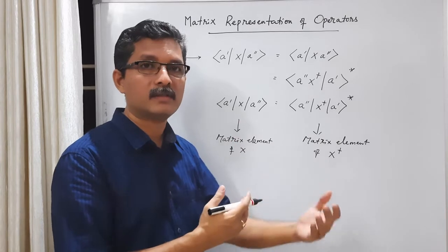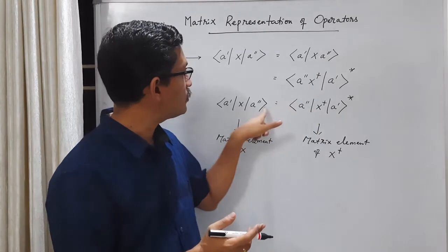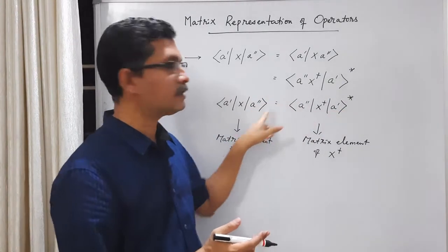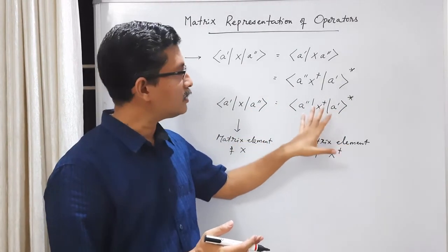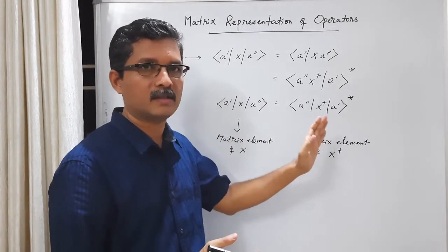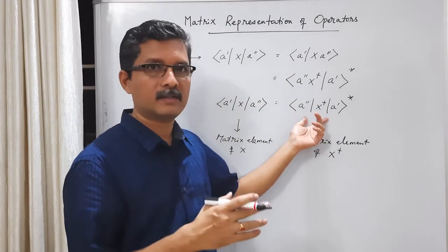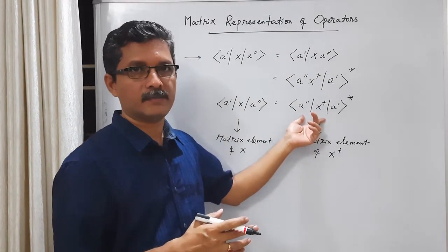That means we have to take the transpose. So transpose is taken. And there is also the complex conjugate of this scalar. So transpose plus complex conjugate. That's the connection between the two matrix elements. From this matrix element, if you take the transpose and then take the complex conjugate, you get this matrix element.